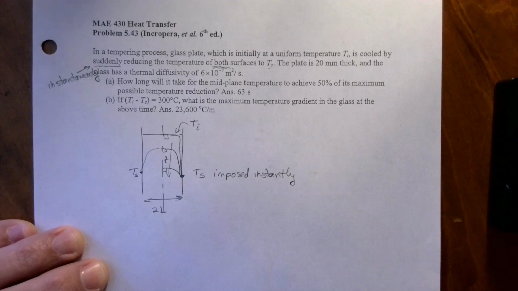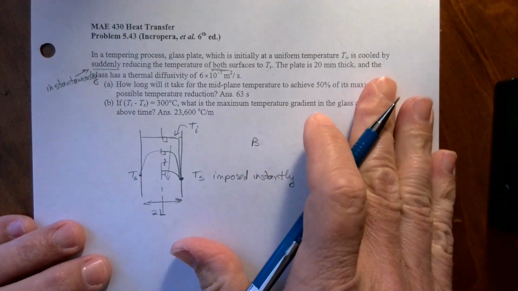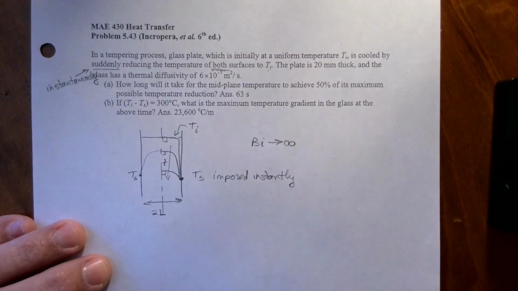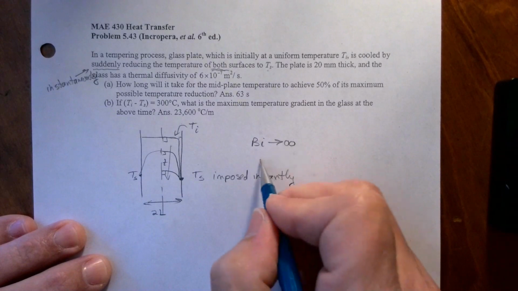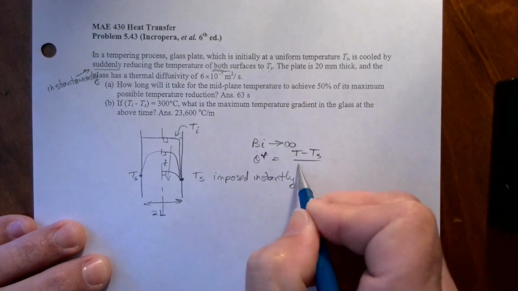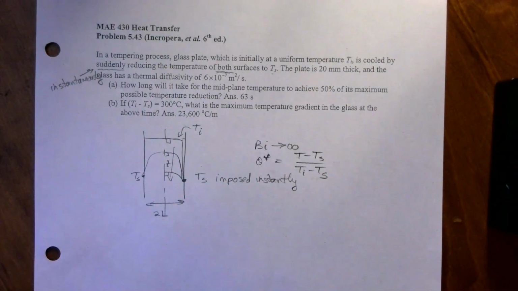It's not a convection problem, so there really isn't a Biot number. There's no need to check whether the Biot number is small enough to use lumped capacitance. We're going to take the Biot number to infinity. And then we're going to redefine theta star to be equal to T minus Ts divided by Ti minus Ts.